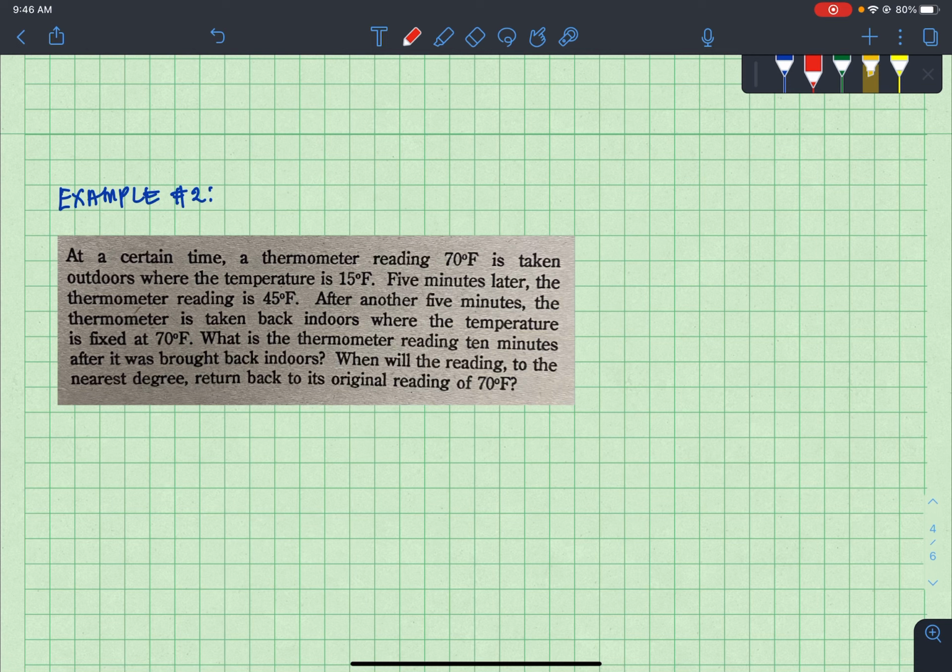After another 5 minutes, the thermometer is taken back indoors where the temperature is fixed at 70 degrees Fahrenheit. What is the thermometer reading 10 minutes after it was brought back indoors? And when will the reading, to the nearest degree, return back to its original reading of 70 degrees Fahrenheit?